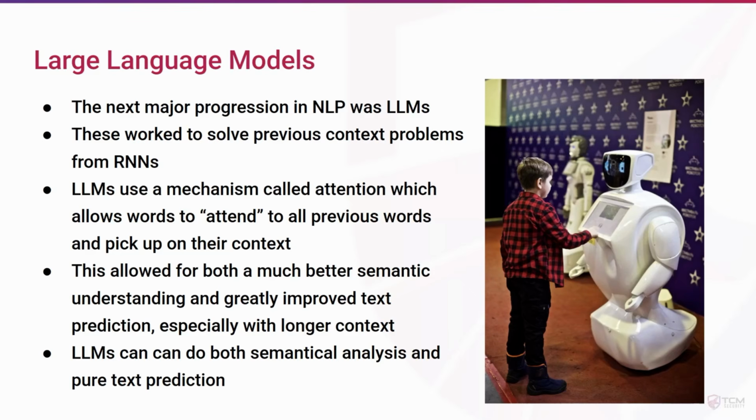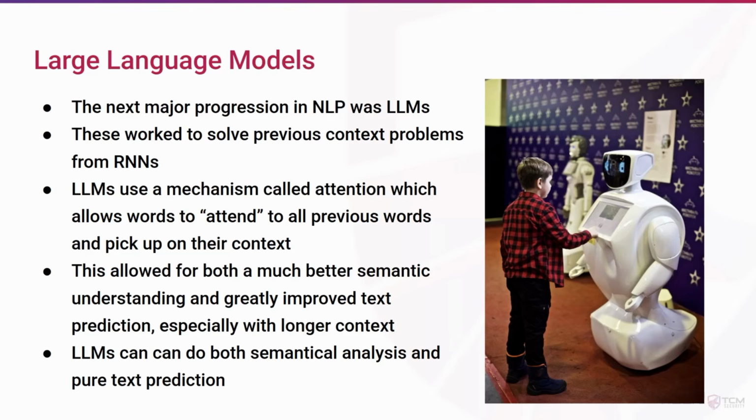Again, we don't allow any of the words to peek ahead and cheat per se, but all words can look at the words before them and pick up their context, which is different than an RNN where all of those previous words were just combined into one context. That's almost like a running tally that keeps getting updated, and the word being predicted or passing through couldn't actually look at all the past individual words.